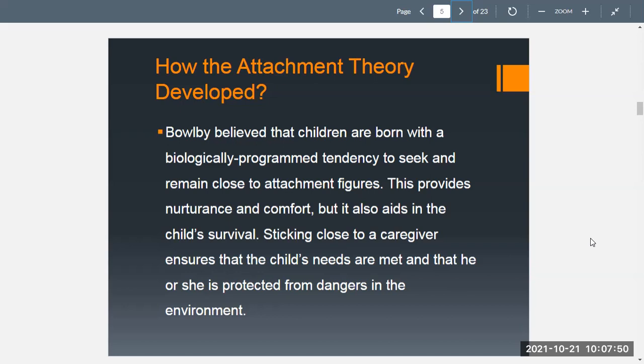Very important is that attachment theory speaks to a child feeling that they have a secure base, that they feel protected from dangers or discomfort. So the key of attachment theory is that we're looking for safety.